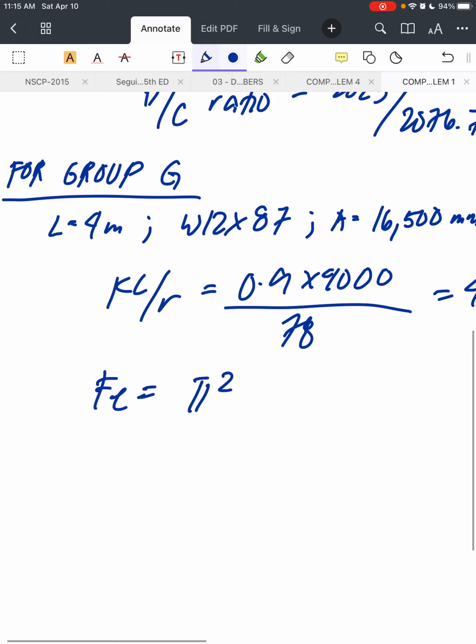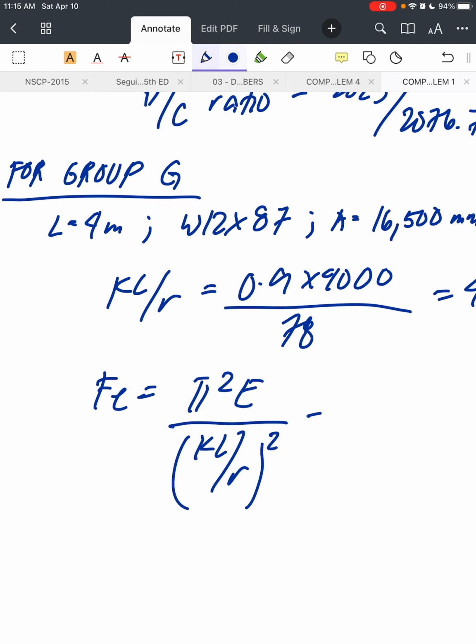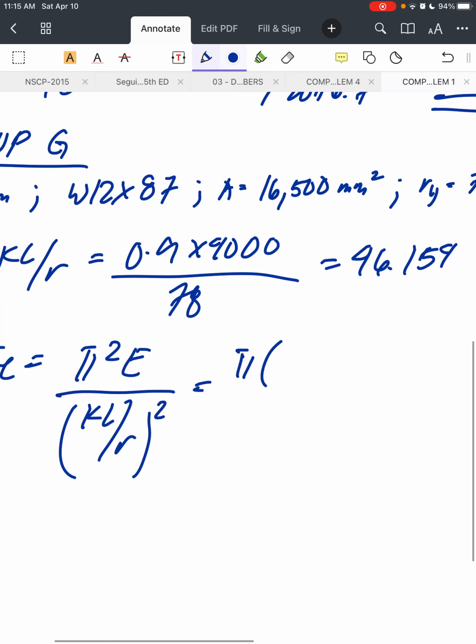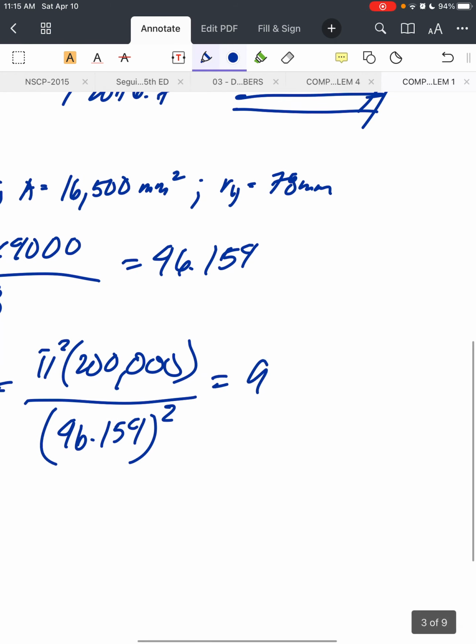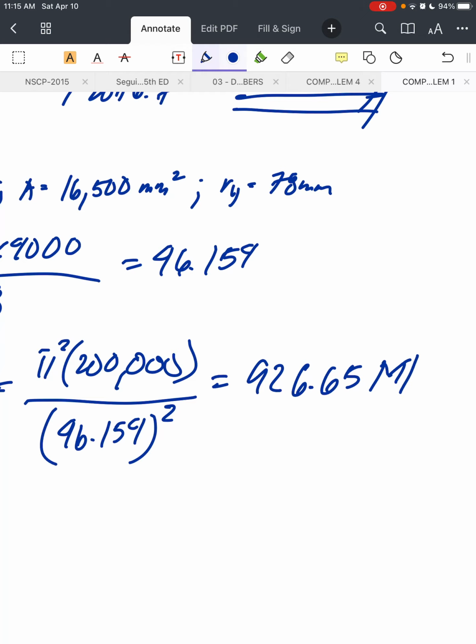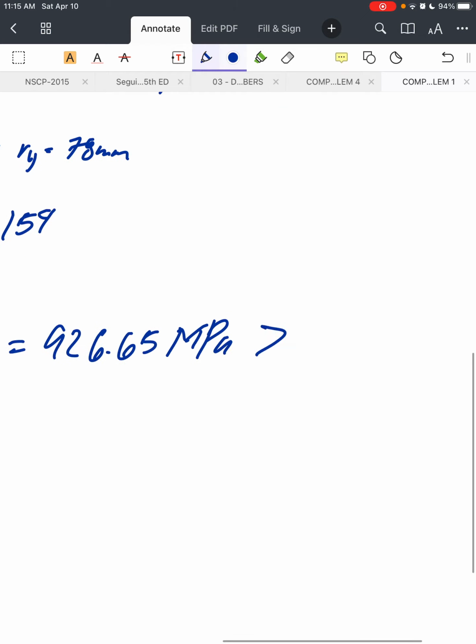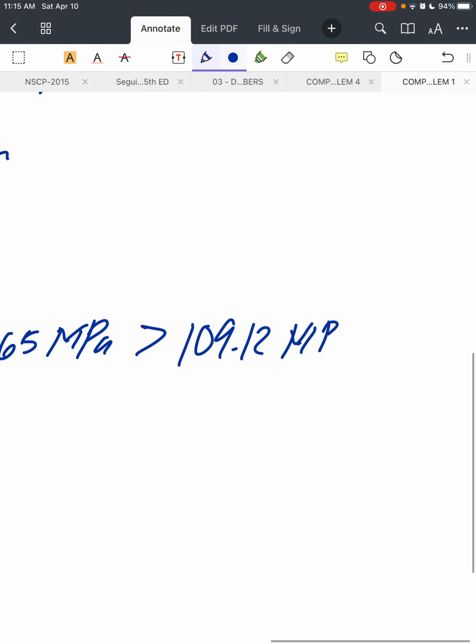Your Fe is equal to pi squared times E over (KL over r) squared. So pi squared times 200,000 over 46.154 squared. That should be equal to 926.65 MPa. Comparing this, it is greater than 109.12, or our value for 0.44 times Fy.